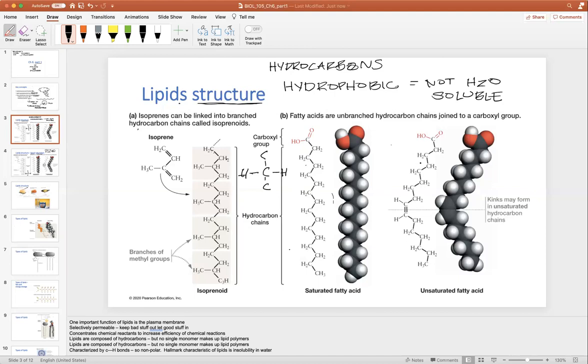Now, why is it that these are not water soluble? Well, remember that for things to be water soluble, they have to be polar. For things to be polar, there has to be an electronegative atom present. So in this molecule here, we don't see an electronegative atom like oxygen present. So remember how oxygen likes to hog electrons?